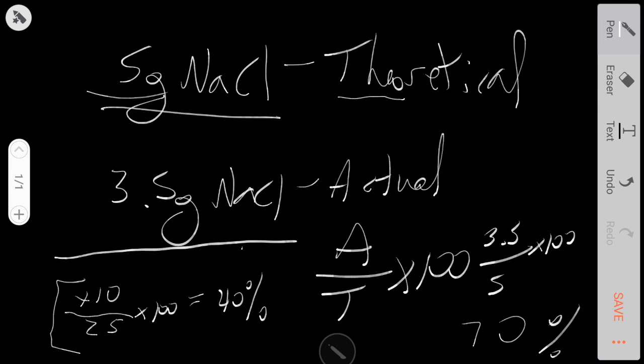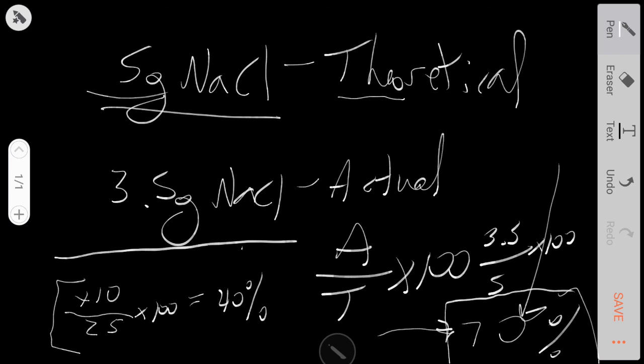So if I get a 70% yield, pretend I'm working at a factory called KBS. And I have a 70% success rate. I'm losing 30% every time I'm getting a bunch of supplies, whatever. I'm losing 30%. I'm only getting 70%. Am I doing a good job? I may want to check what's going on here that I'm losing 30%.